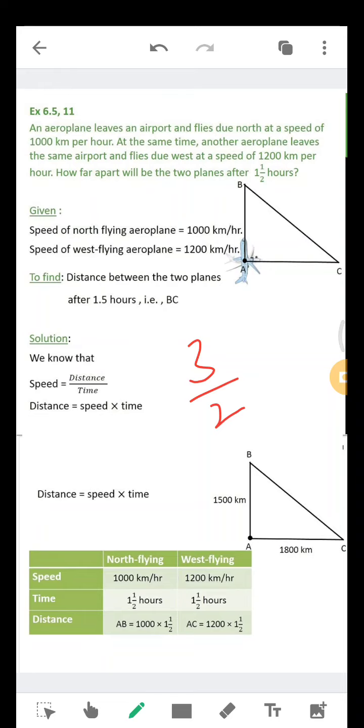So when you multiply 1000 with 3 by 2 you get 1500 km, and when you multiply 1200 with 3 by 2, that is 1.5, you get 1800 km.